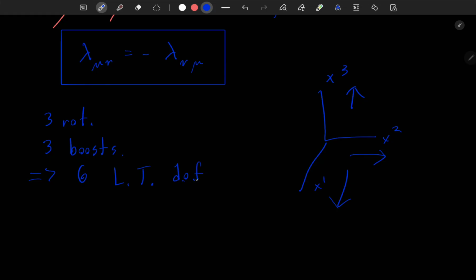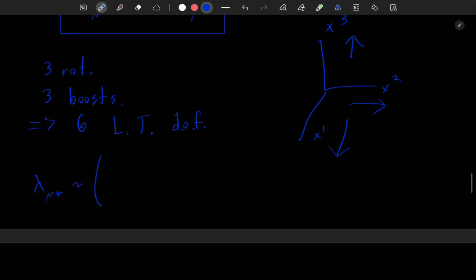How many degrees of freedom do we have in our infinitesimal translations? Well, it's going to look like a matrix, an anti-symmetric matrix with 16 components.